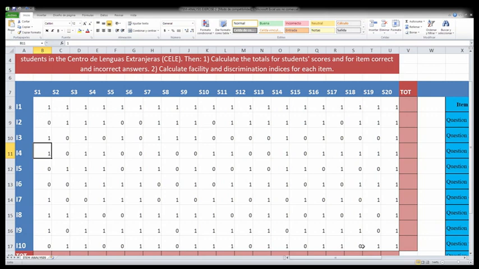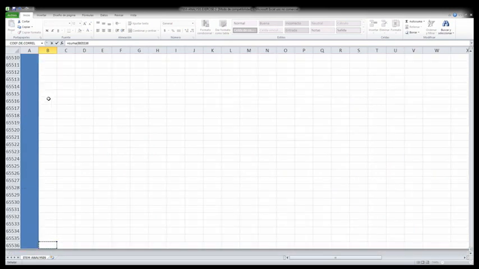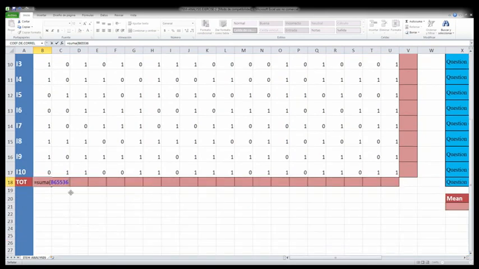The first thing that we need to do before we calculate the statistics is to calculate the total scores that every student obtained. We're going to do that by entering this formula here. We select the cells that contain the information that we want to include in our formula.